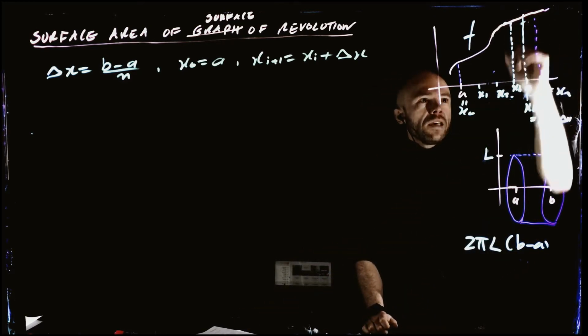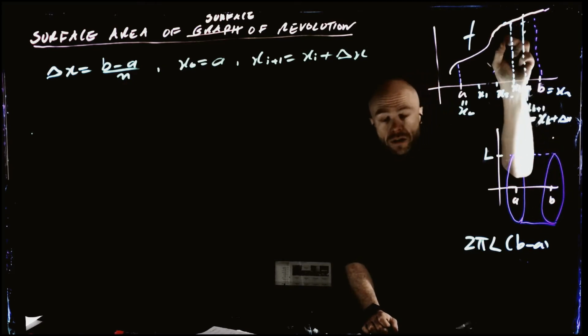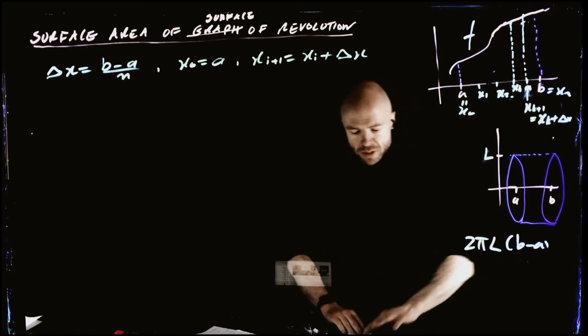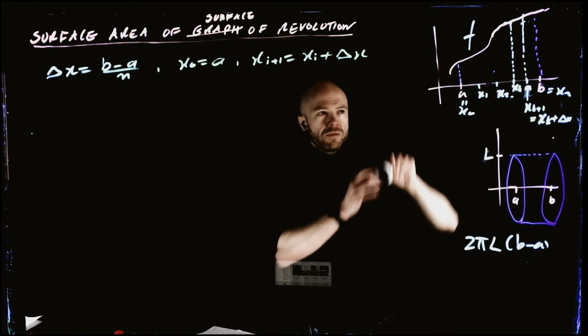So this is the strip that we're interested in. That's the one we're going to try and figure out the surface area of by rotating just that strip. So visualize a thin strip. We cut off a thin strip and we're trying to figure out the surface area of this.